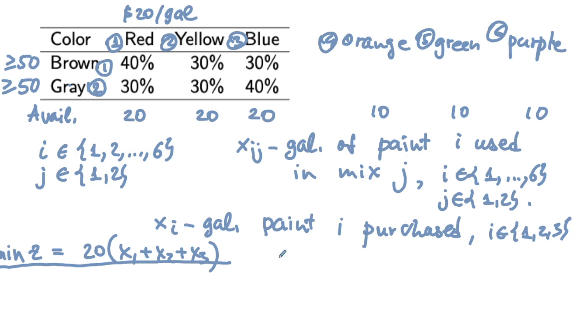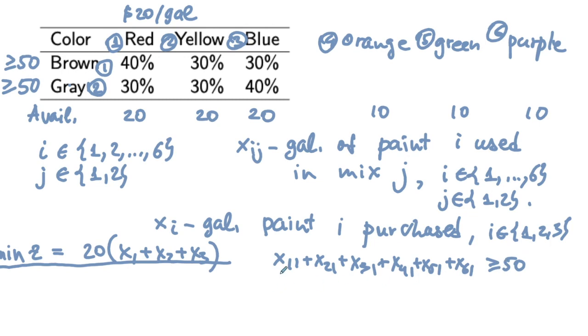Because j equal to 1 corresponds to the brown color, so we have x11 plus x21 plus x31 plus x41 plus x51 plus x61 is the total amount of the brown mix that we produce, and it has to be greater than or equal to 50 gallons.